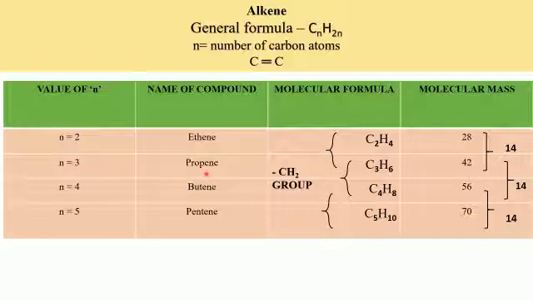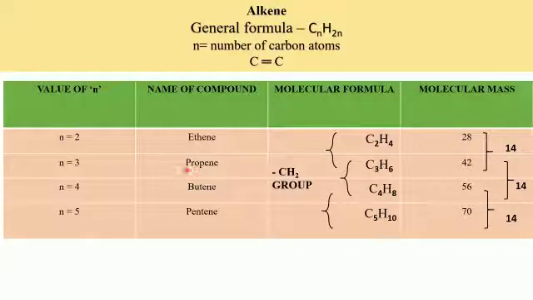There are three carbon atoms. So the formula will be C3H6. C3H, 2 into 3, that is 6. So C3H6 is the formula for the next member, that is propene. Because there are three carbons, the parent alkane is propane.